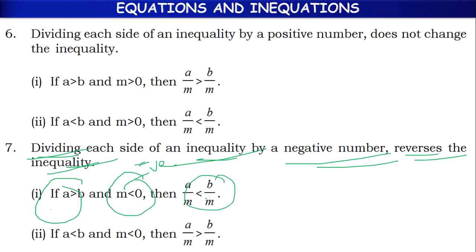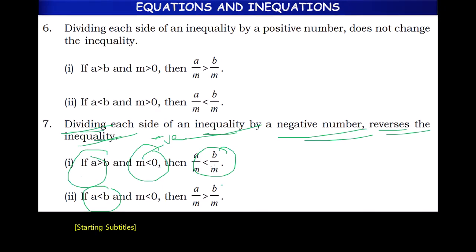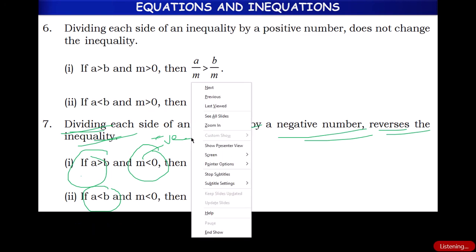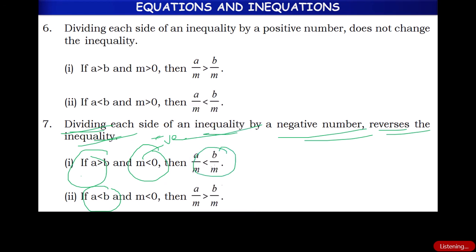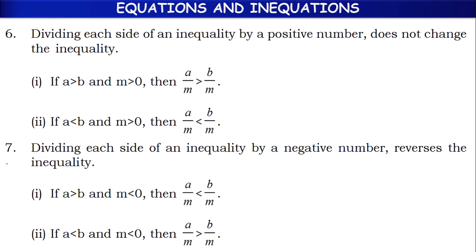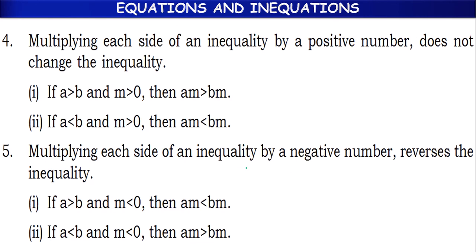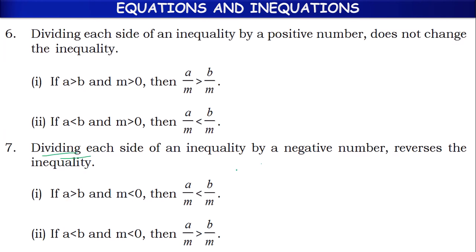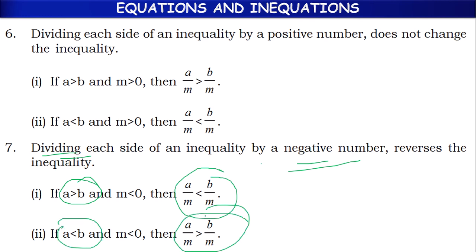Greater than will become less than, and less than will become greater than, like that. Only while multiplying with a negative number or while dividing with a negative number, the inequality becomes reverse. In both cases, the inequality becomes reverse.